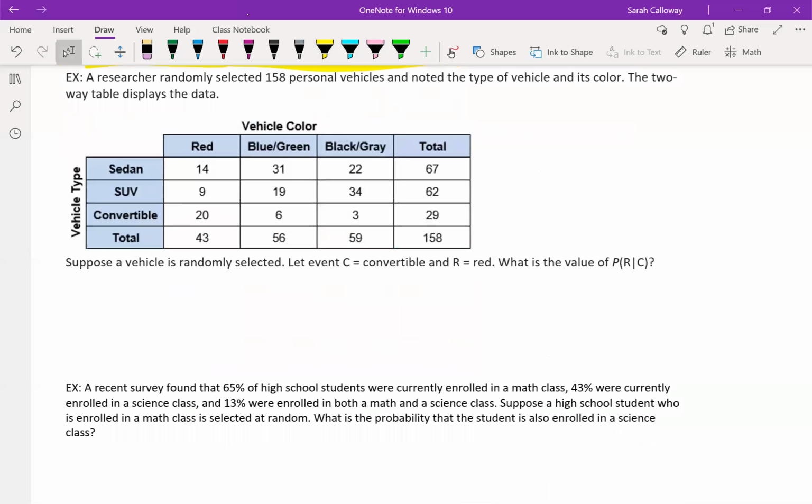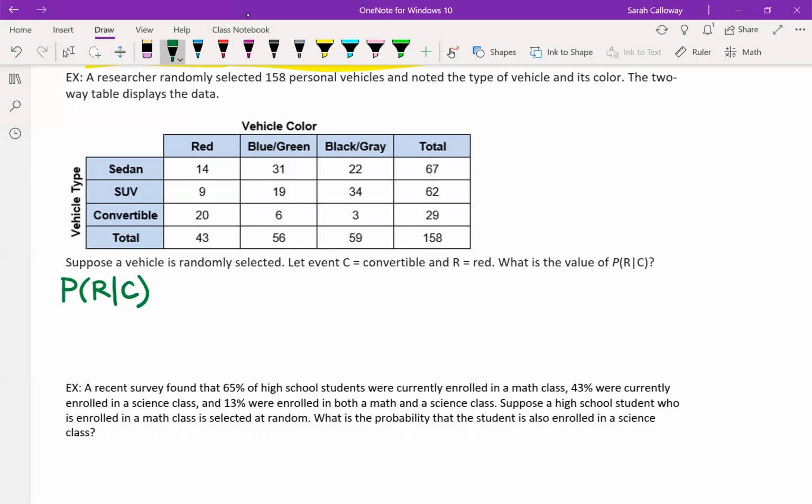A researcher randomly selected 158 personal vehicles and noted the type of vehicle and its color. The two-way table displays the data. Suppose a vehicle is randomly selected. Let the event C equal convertible and R equal red. What is the value of the probability of red given convertible?